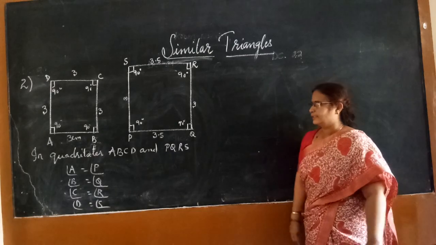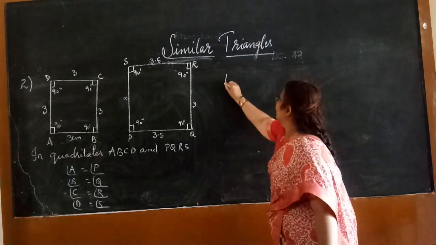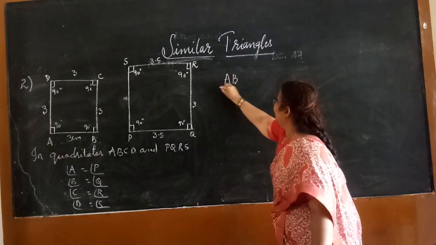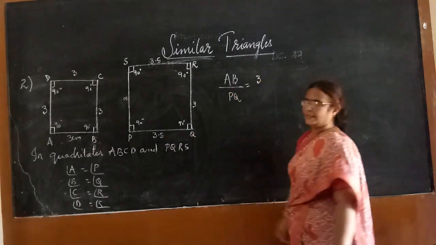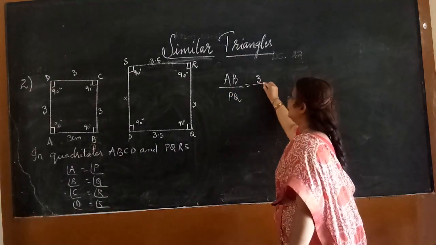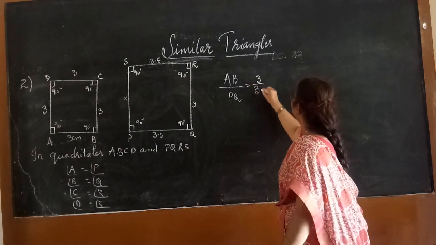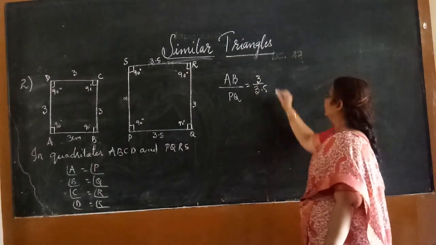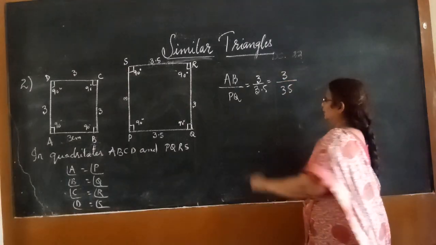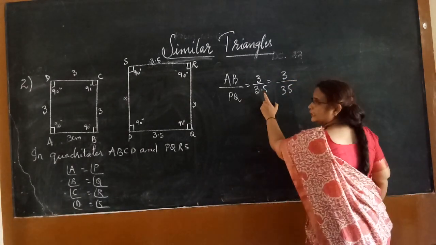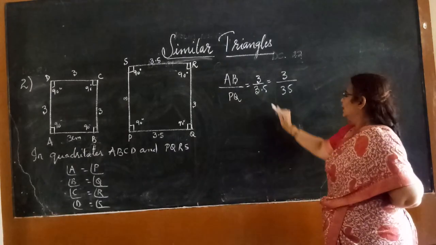Let us identify the corresponding sides. The corresponding side to AB is PQ. Length of AB is 3 and length of PQ is 3.5. So 3 by 3.5. The decimal is in the denominator.